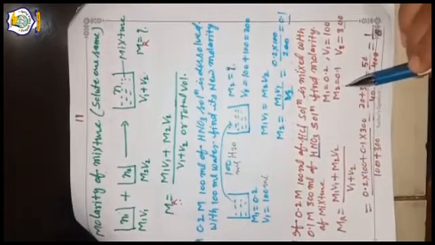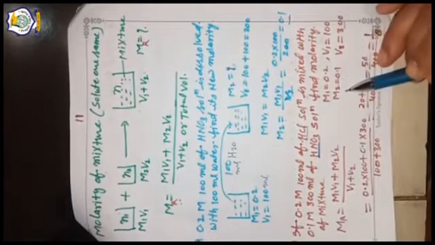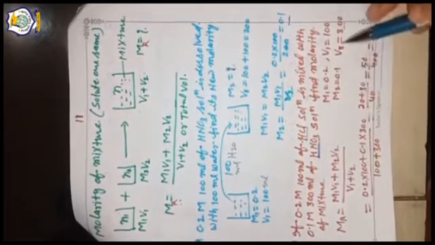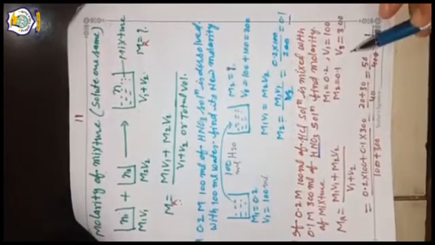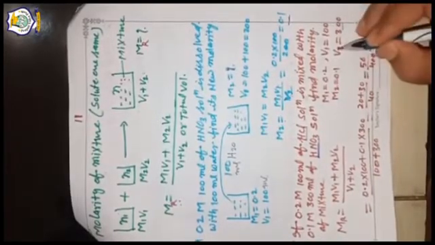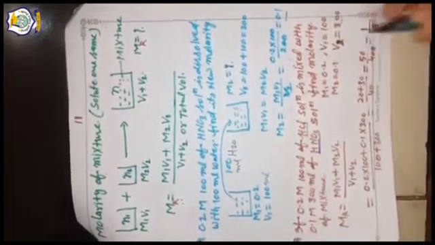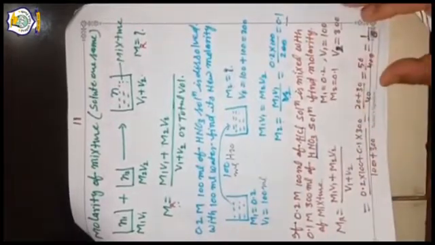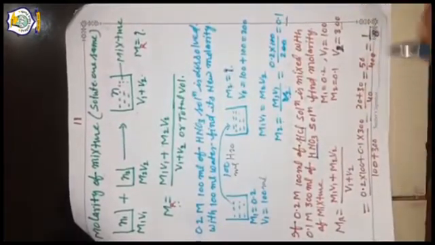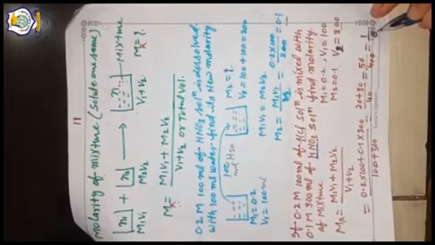For finding the resultant molarity, M1 equals 0.2, M2 equals 0.1, V1 equals 100, V2 equals 300. Putting these values in this formula, we get 1 upon 8.